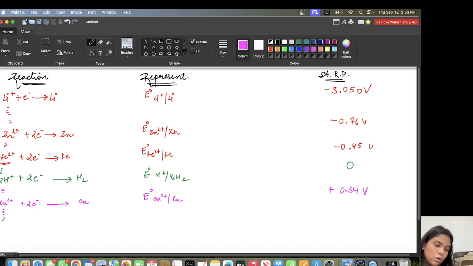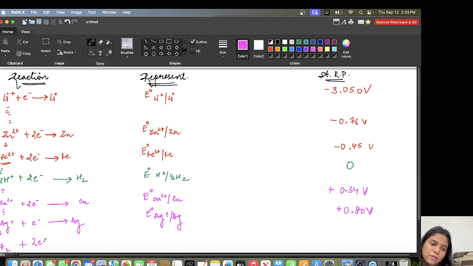Then you go a little down, you will get Ag plus, plus 1 electron giving you Ag, and your representation will be Ag plus giving you Ag, and the value is 0.8 volt.